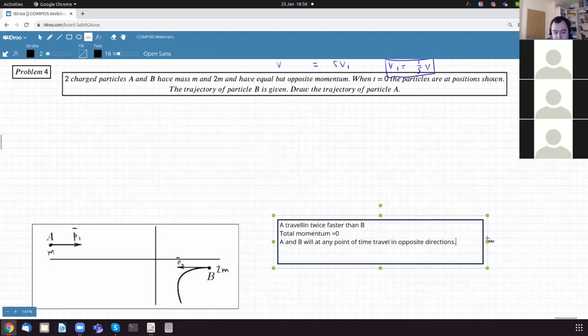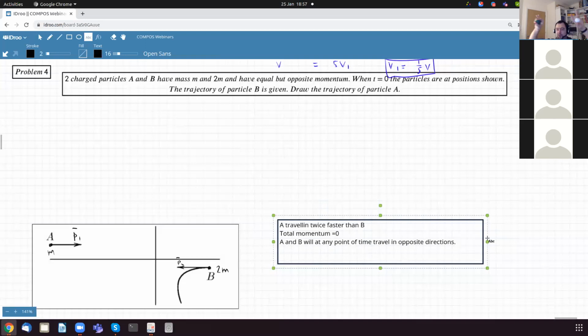conserved. So what happens to the kinetic energy then? What happens to the kinetic energy of the particles as they approach? I mean, obviously they have kinetic energy, but where is that energy going?